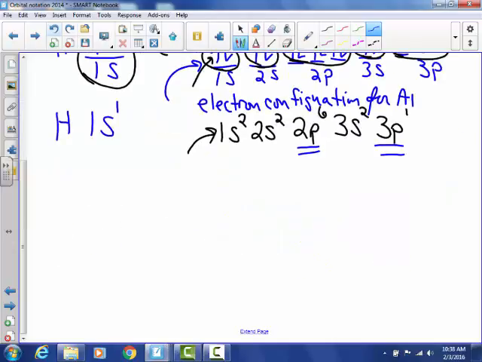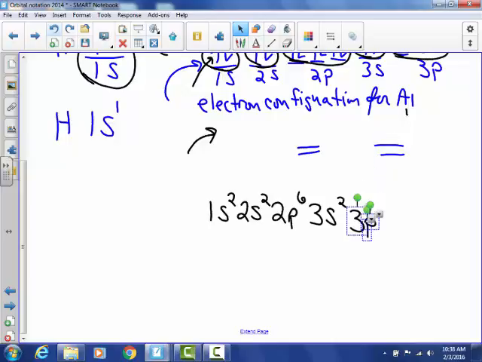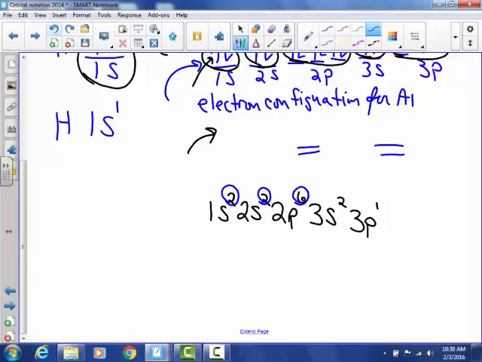Now, a few things when you write this. I don't know if I can move this whole thing down or not. Nope. So when you rewrite this, there's a few things that you will use to know that you wrote these correctly. These numbers here all represent the number of electrons.